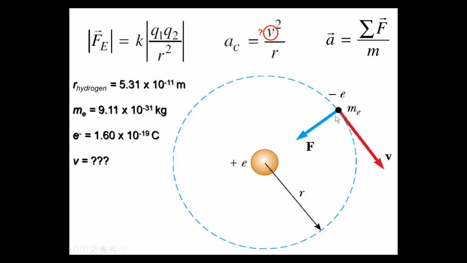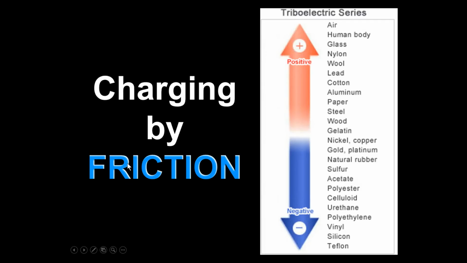If I take the mass multiplied by the acceleration, that would be how much centripetal force we need, multiply by the radius and then take the square root. We can solve for the velocity there. It's going pretty fast.